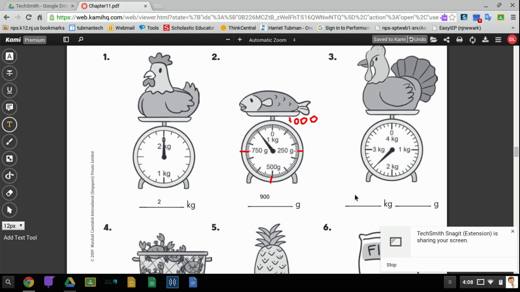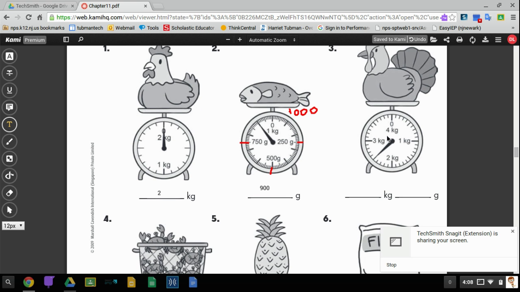Okay, let's look at number 3. So that's 0. That's 1 kilogram, or 1,000 grams. That's 2 kilograms, or 2,000 grams. 3 kilograms, 4 kilograms. So right now we know that it's 2 and a little more, so it's at least 2 kilograms. Now we have to figure out what each one of these lines represent.